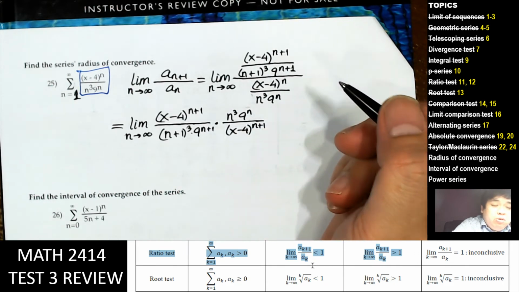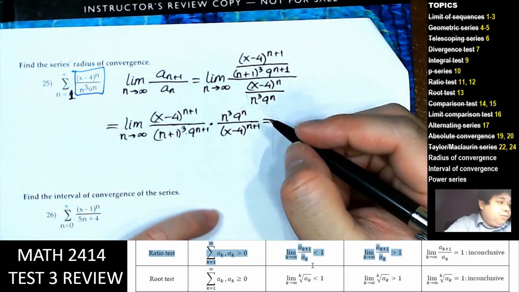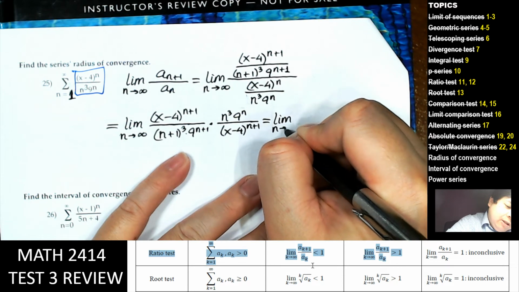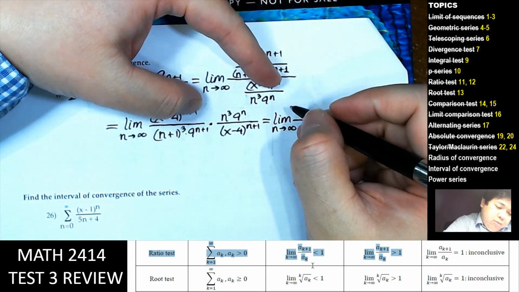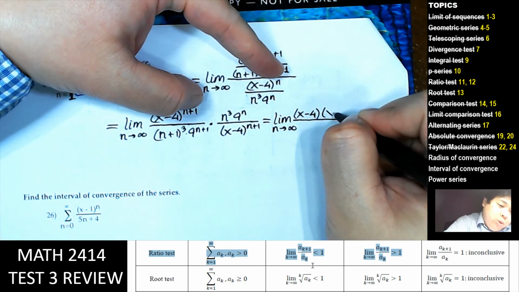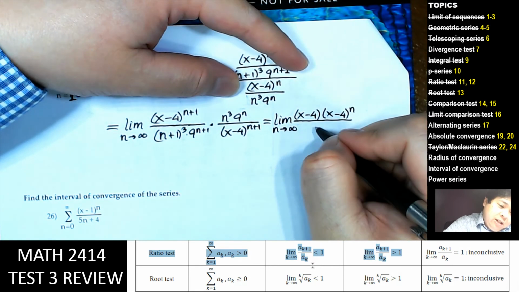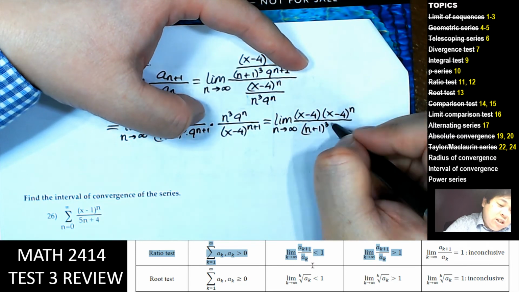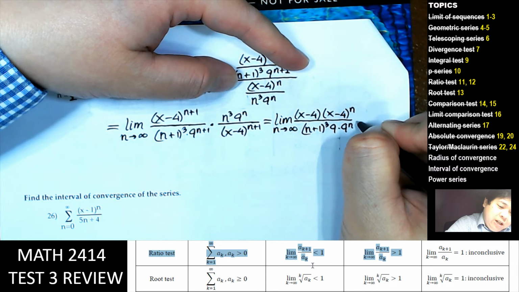There is a lot to simplify, but before we do that, I want to rewrite this. x minus 4 to the n plus 1, so we have x minus 4 to the first times x minus 4 to the n. (n plus 1) cubed, we cannot do anything with that. 9 to the n plus 1 is 9 times 9 to the n.